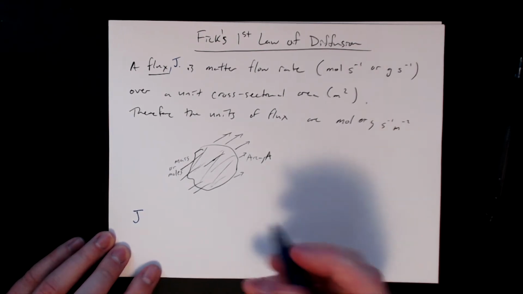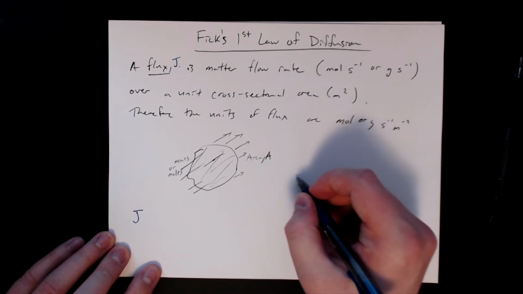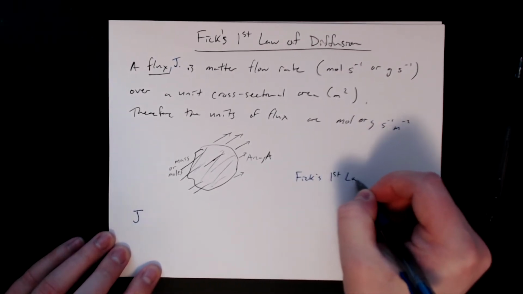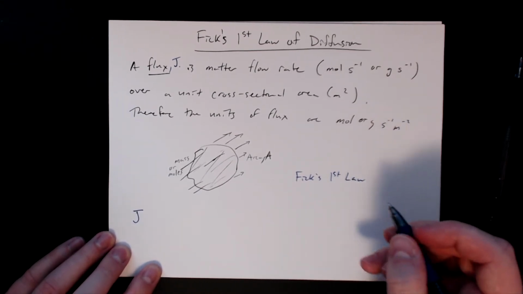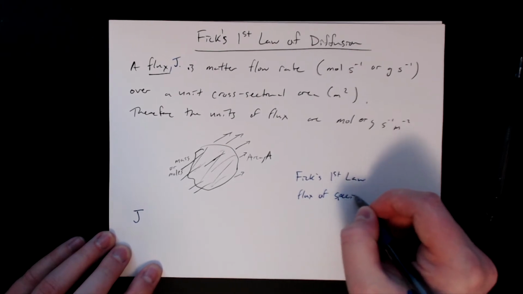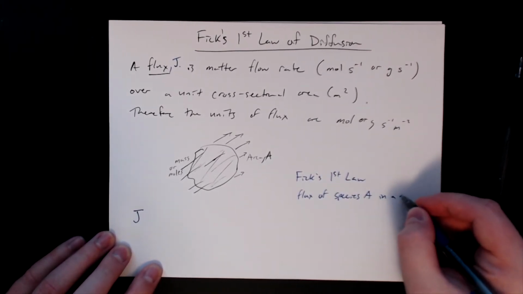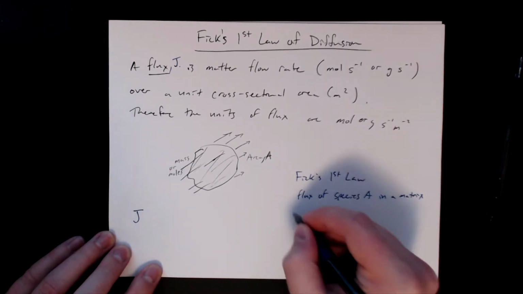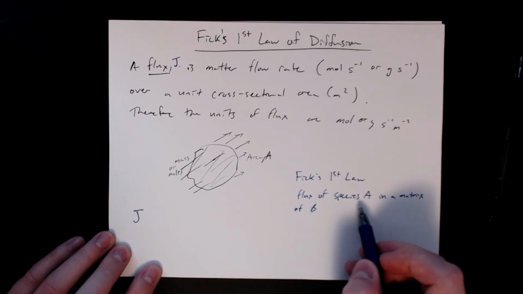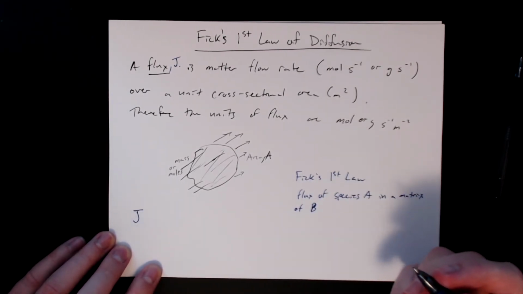And in this form of Fick's first law, we're looking at the flux of species A, whatever that is, in a matrix of B. So A is our diffusing species in a matrix of B. So that's what we're looking at in this example.